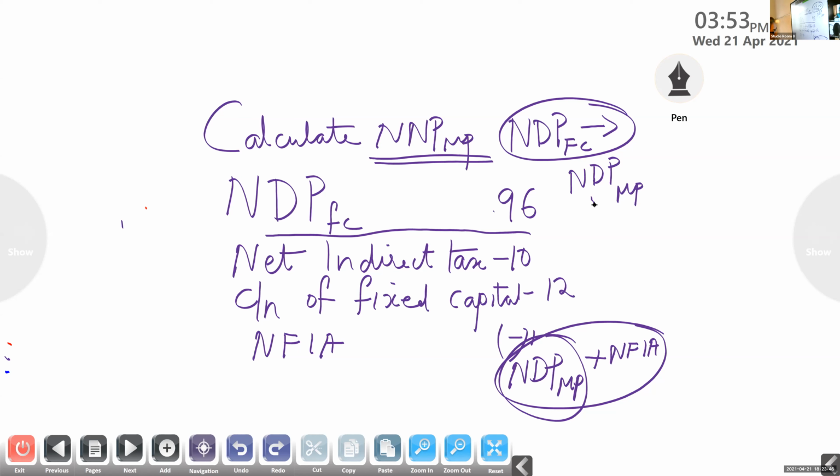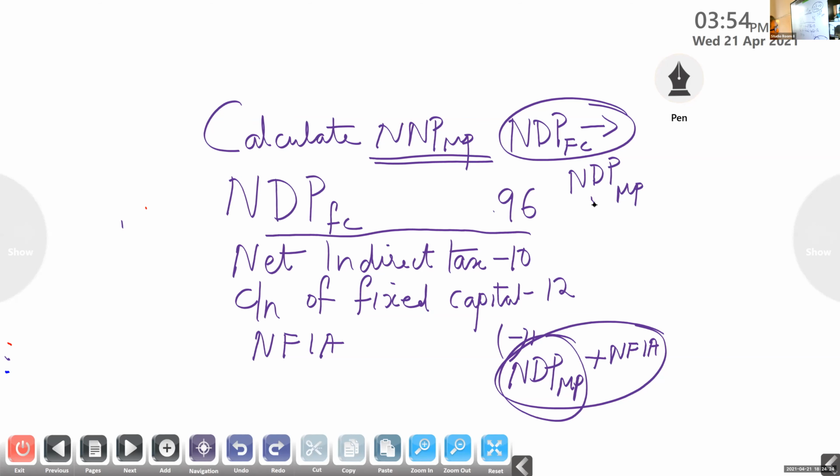Just take the formula of NDP-FC, and that's what we have done. We have reduced the indirect tax. Have we reduced or not? Yes, we have reduced that. So that means in NDP-FC we have reduced indirect tax, but in NDP-MP we have included the indirect tax.